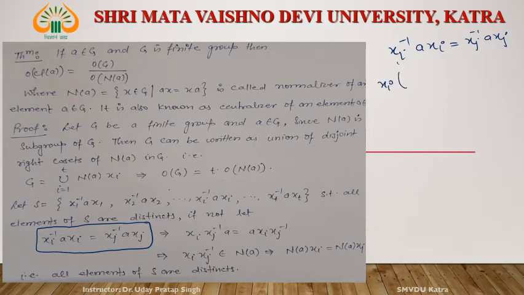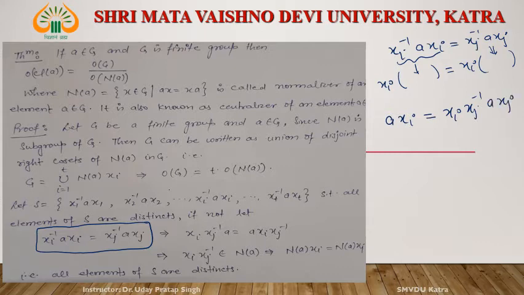Since xi and xi inverse give the identity, the left hand side becomes a xi and the right side becomes xi xj inverse a xj.